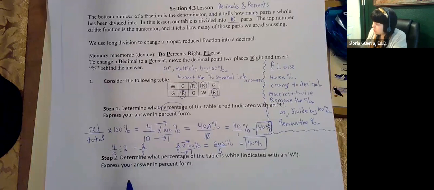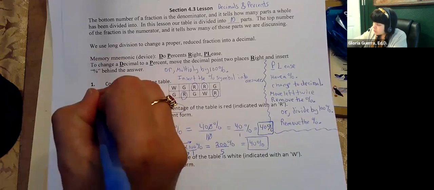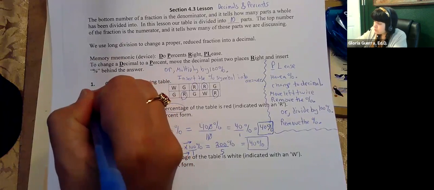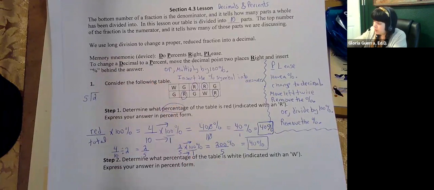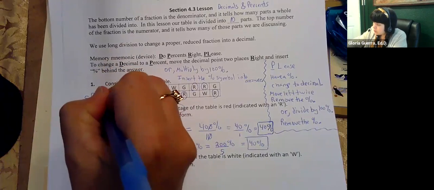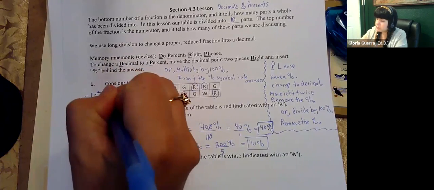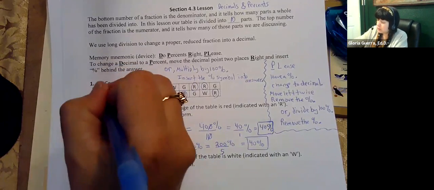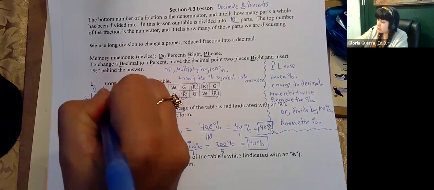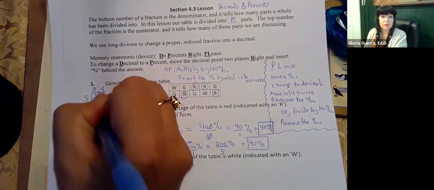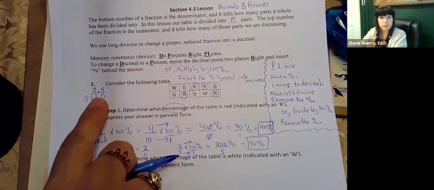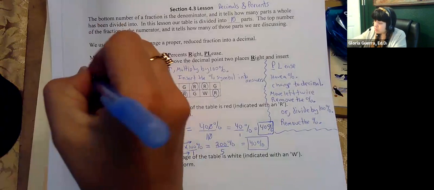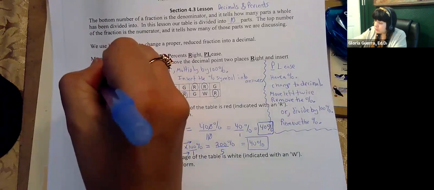If I do my long division, remember 2 goes inside the house: 2 divided by 5, add a decimal, pull it up, add a 0. 5 doesn't go into 2, but 5 goes into 20 four times, because 5 times 4 is 20, and the remainder is 0. So you see how you have 0.4, which is a decimal.